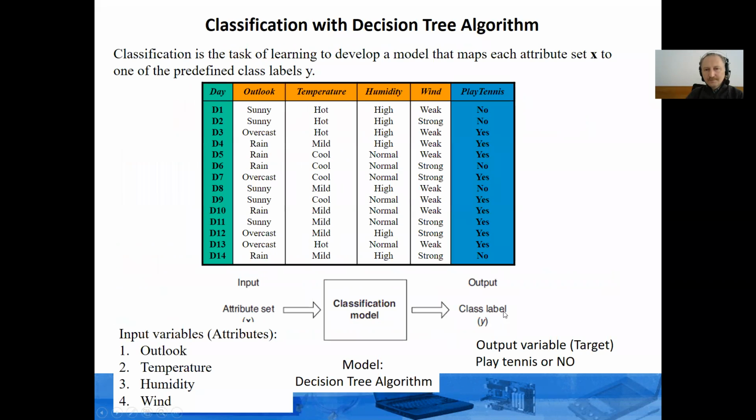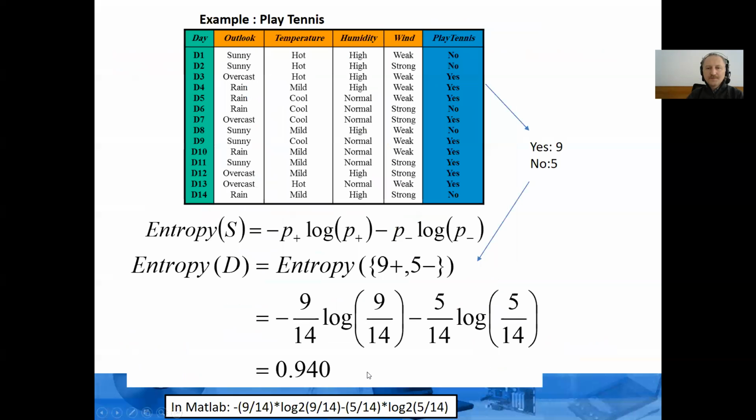Again, let's remind our question. By using this data set, we want to generate one decision tree model. Our inputs are outlook, temperature, humidity, and wind, and the output is a label, a class. That's why this is a classification problem.